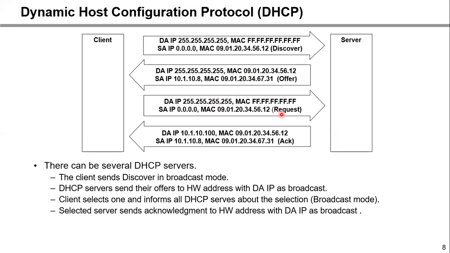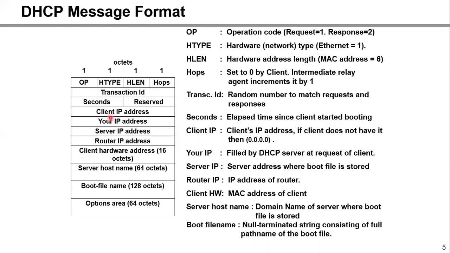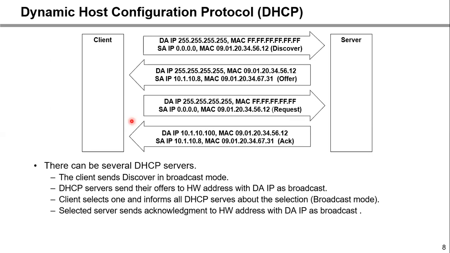As soon as you send a request, it is a positive acknowledgement, with a destination IP address as this one. Now, what is this? 10.1.10.100. It must be the value kept in the your IP address field. So in the your IP address field, this IP address was mentioned, which was accepted by the client.